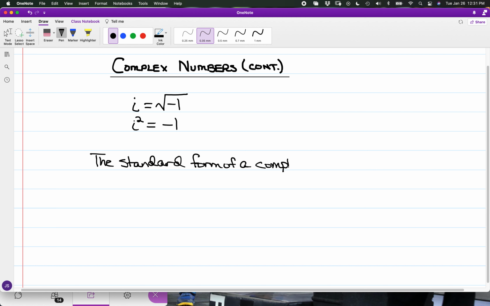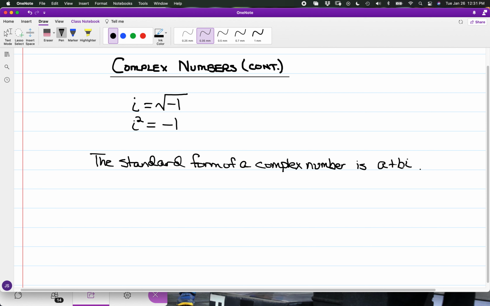And just some things to mention about the operations between complex numbers. Among the earlier examples, we looked at reducing a single radical that contained a negative, like the square root of -25.